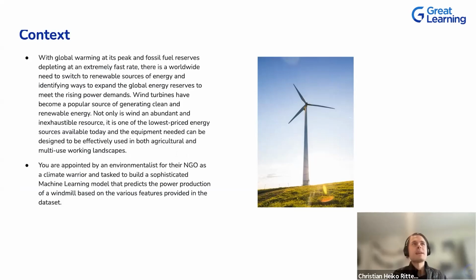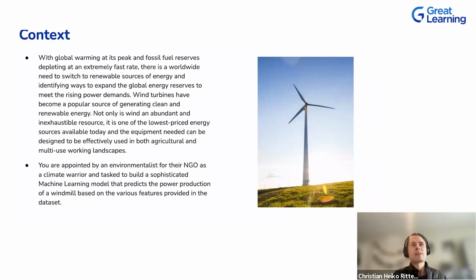So for our case today, we look at the production of renewable energy because of global warming. That's a very relevant topic for us. One of the very effective ways to produce energy is through wind.